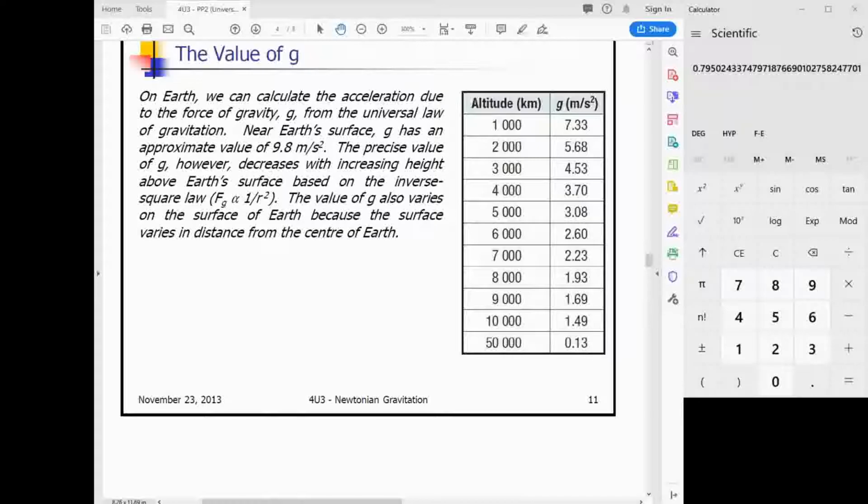If you are on a mountain, for example, the farther you are from sea level, the lower that value of g will be. If you would go into a valley, you would have a higher g. There are places on the Earth that have higher or lower elevation. That would affect the value of g.